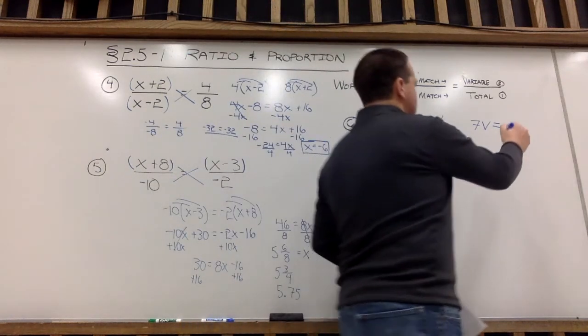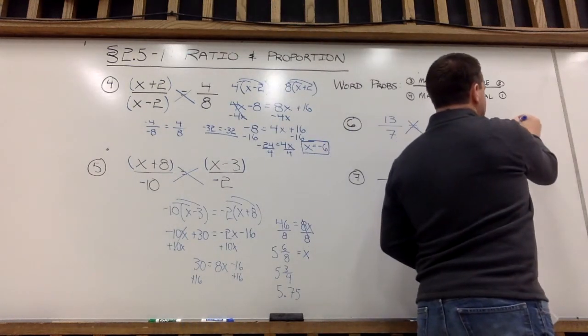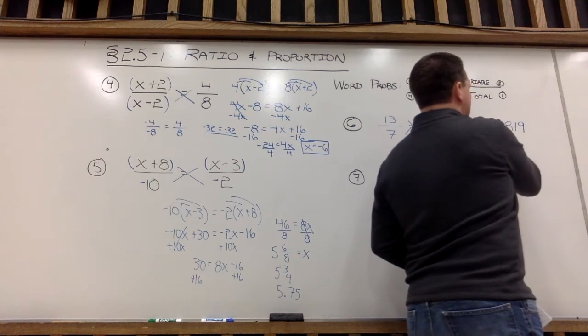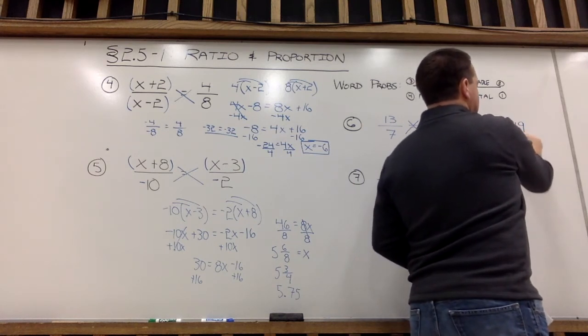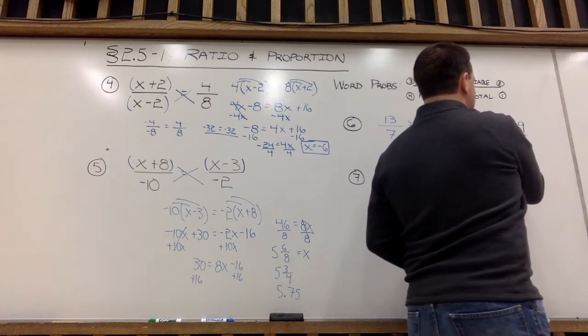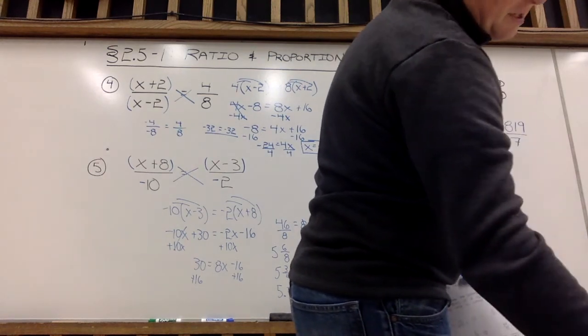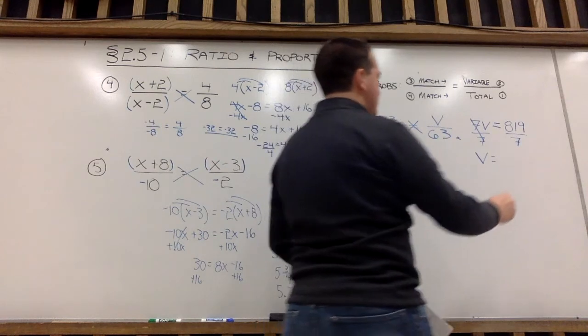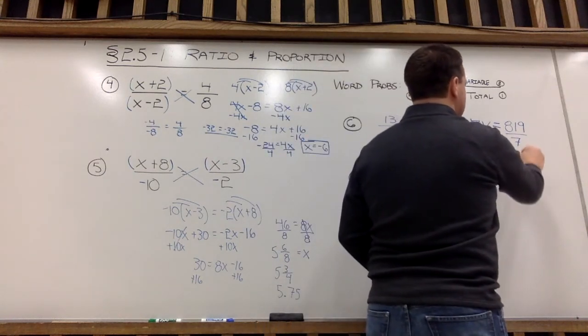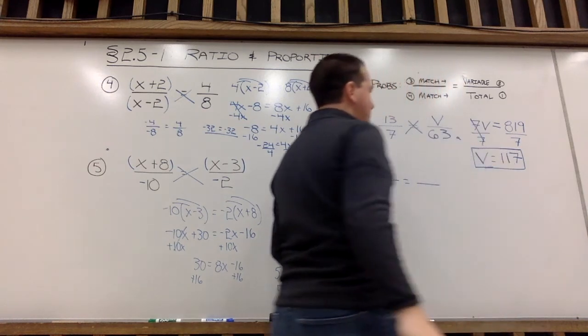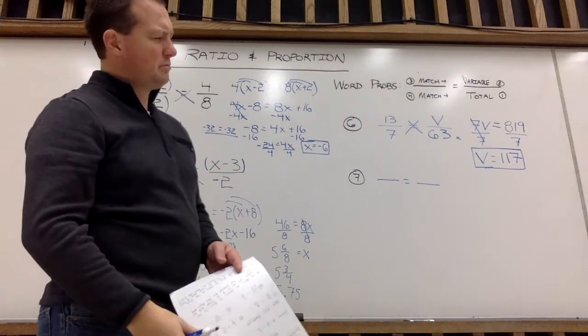I did. Divide both sides by 7. I'm going to get violets is a grand total of 117. Isn't that beautiful? Oh, lovely.